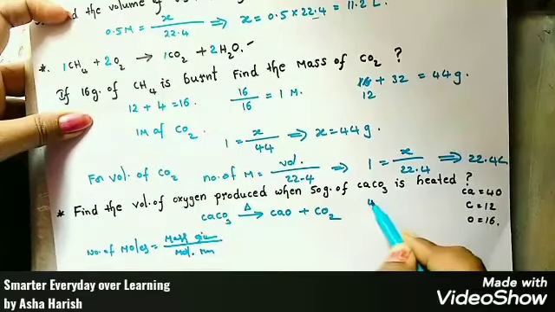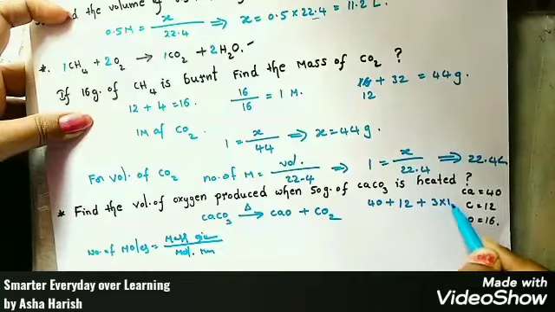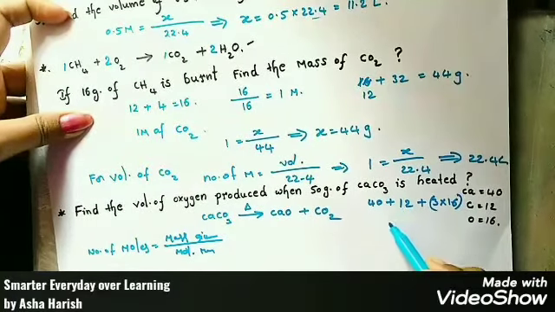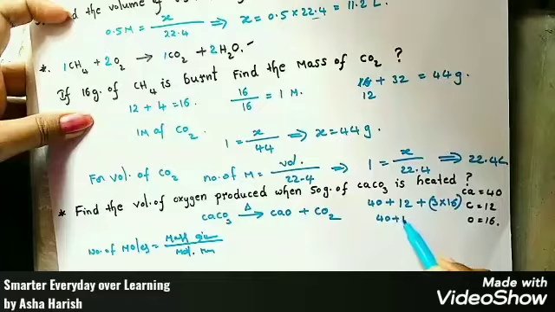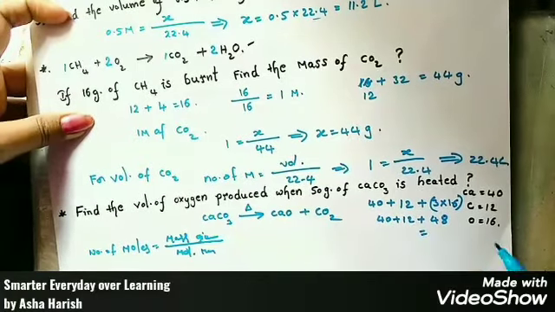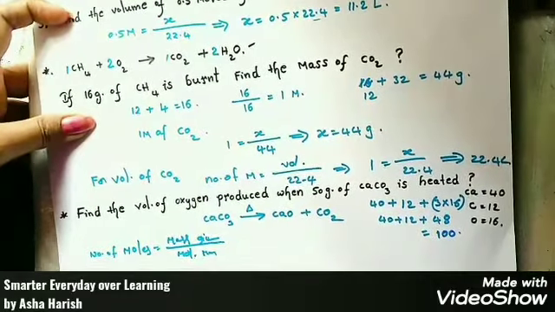Calcium is 40 plus carbon is 12 plus 3 into 16, students. Why? Because here you see 3 oxygen atoms are present. Then students, 40 plus 12, 48. So finally you should get 100.